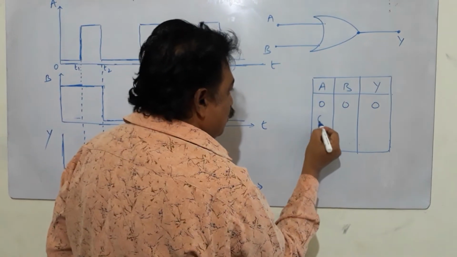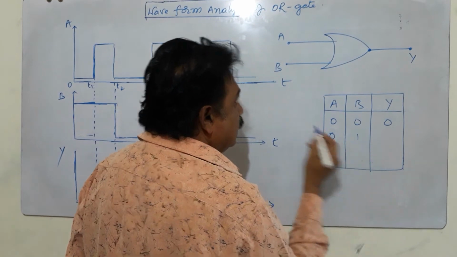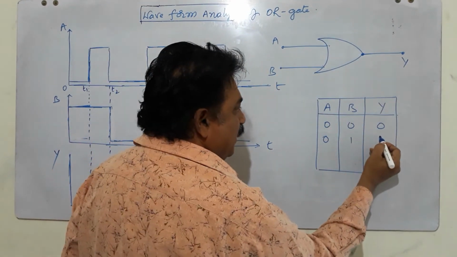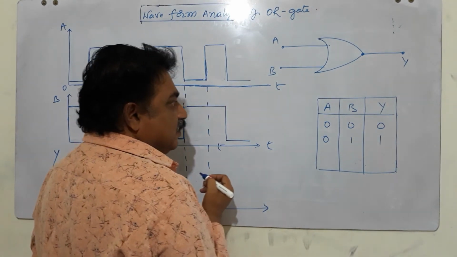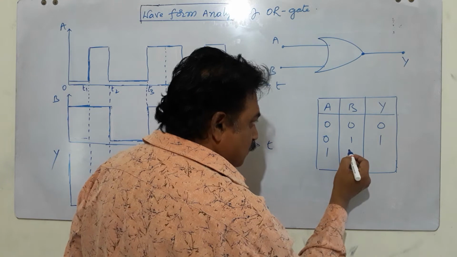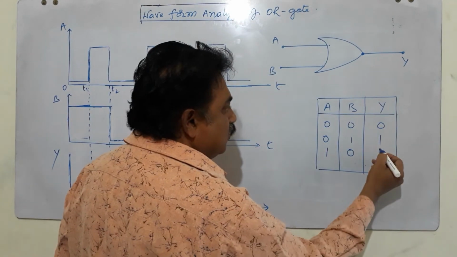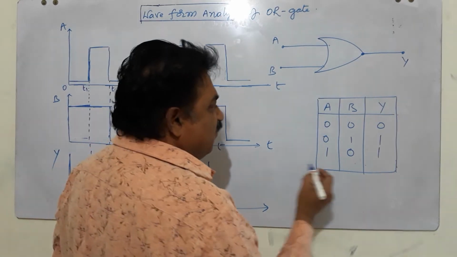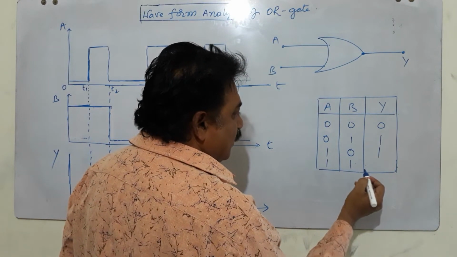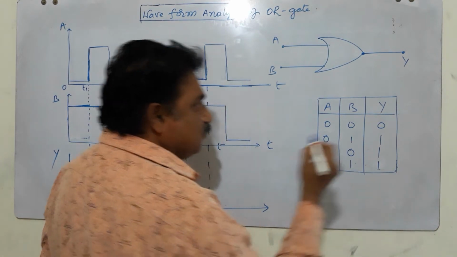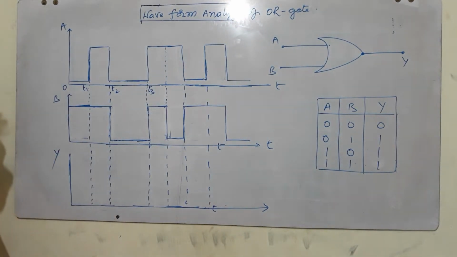If A is 0, B is 1, or if any one of the inputs is high, the output will be high. And if A is 1, B is 0, then also the output is high, 1. If both A and B are 1, the output is 1. This is the truth table.